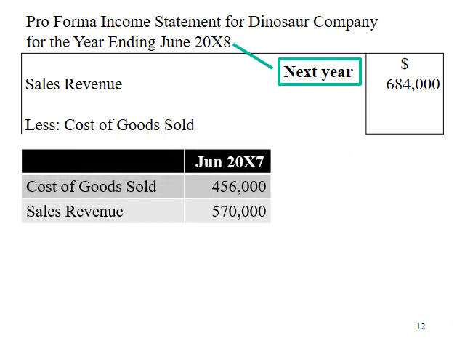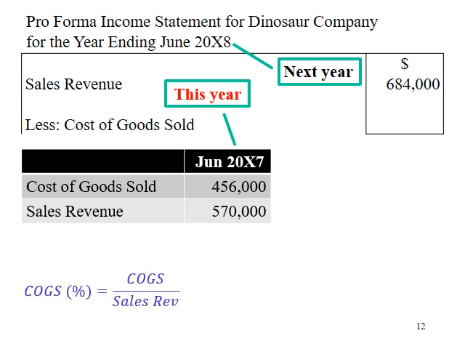From the table, we can see cost of goods sold and sales revenue for this year. Let us find the percentage of cost of goods sold equal cost of goods sold divided by sales revenue. Let's use this year's figures. 456K divided by 570K gives you 80%.